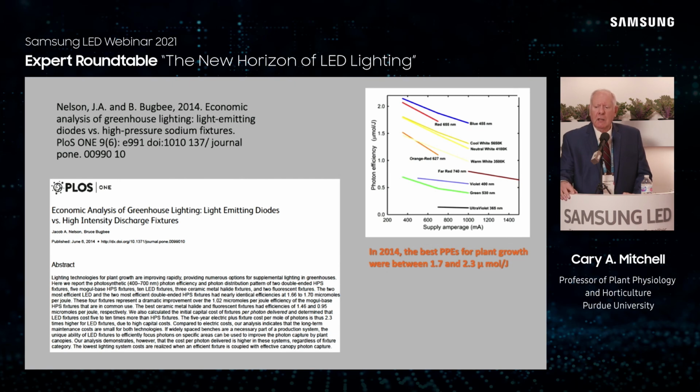And here, the graph on the right shows these photosynthetic photon efficacies in micromoles per joule, micromoles of light output per joule of energy of electrical input. And it's as a function of forward drive current, but you can see that they're getting way up there into the twos. That was published in, I believe, 2014.